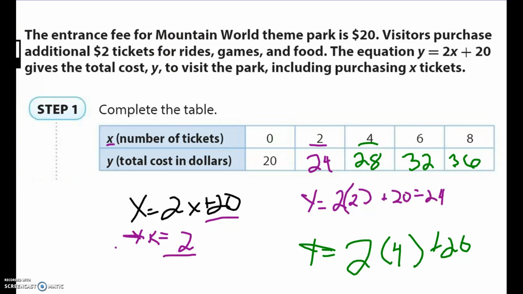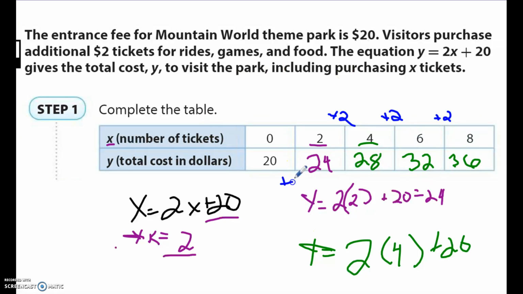So in this case, guys, our ratios would not be equal of y to x. 24 divided by 2 would give me 12, but 28 divided by 4 would give me 7. So if we look here, we can look for patterns. Each one of these is going up by plus 2, right?